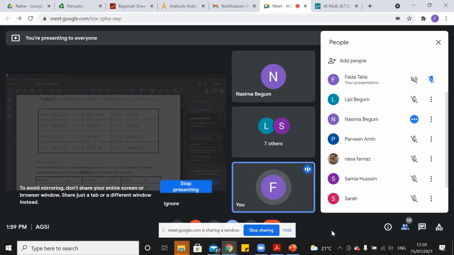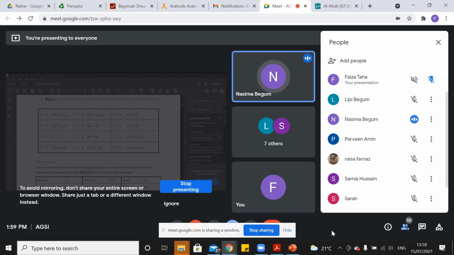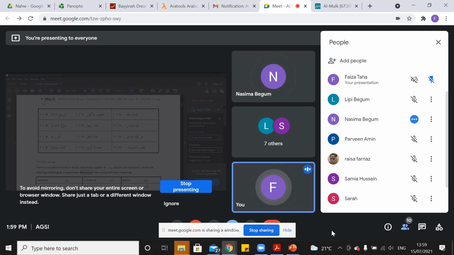And what about Naqati? Naqati is mudaf ilayh. How? There is only one condition for mudaf ilayh. It has to be in which status?